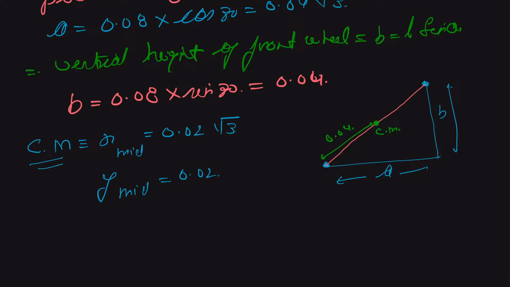This is our center of mass, and therefore we can say that this y mid, we can also call this h, the height, okay, because that we can use. One second.